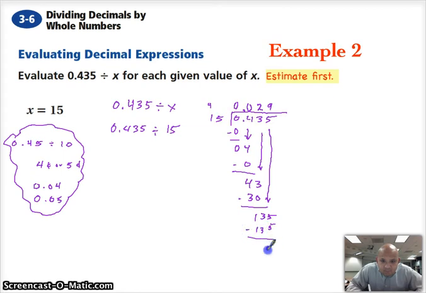Beautiful. No remainder here. I do have 29 thousandths. Is 29 thousandths close to 4 hundredths or 5 hundredths? In fact, 29 thousandths is close to 3 hundredths. It's a reasonable answer, and it is correct.